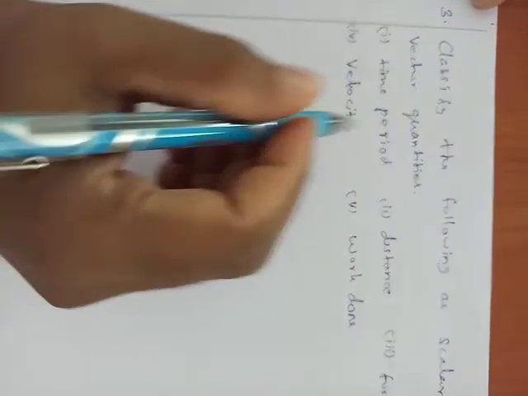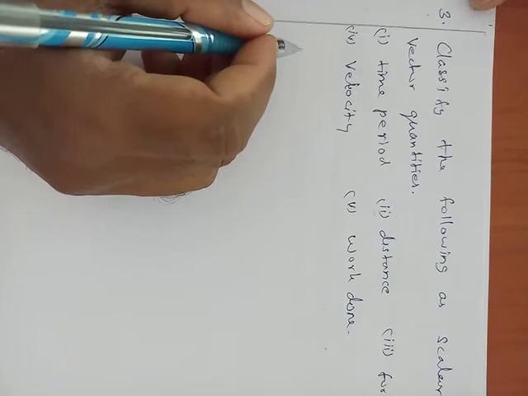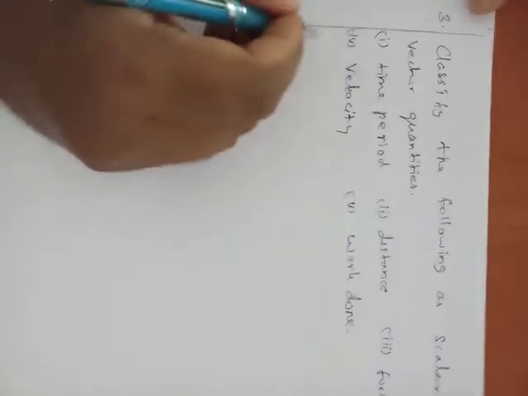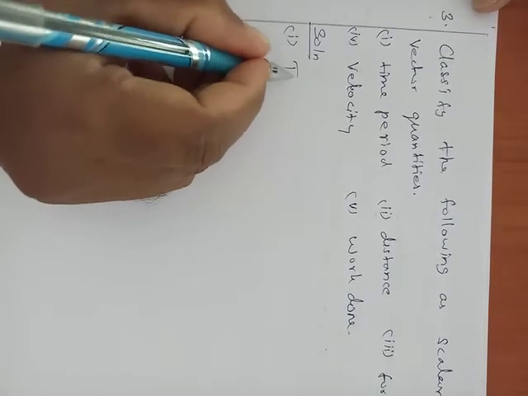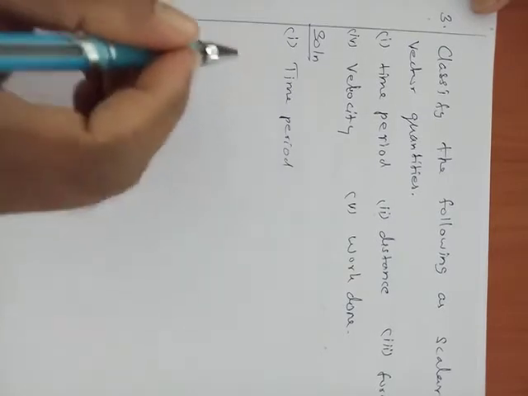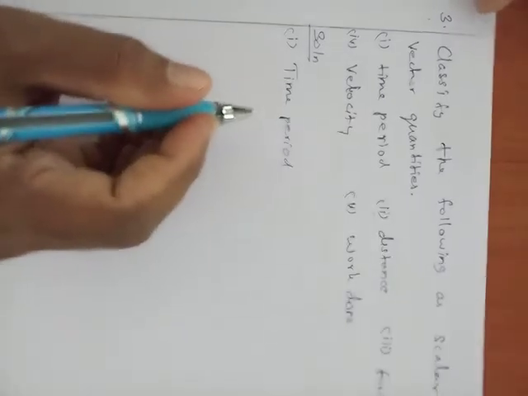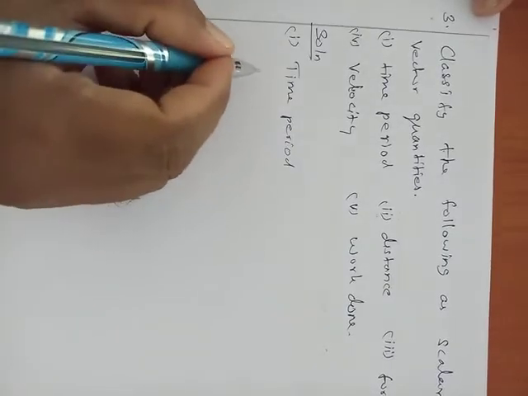Question number 3. Classify the following as scalar and vector quantities. First one, time period. Solution: time period is only a scalar quantity. It's only the magnitude.